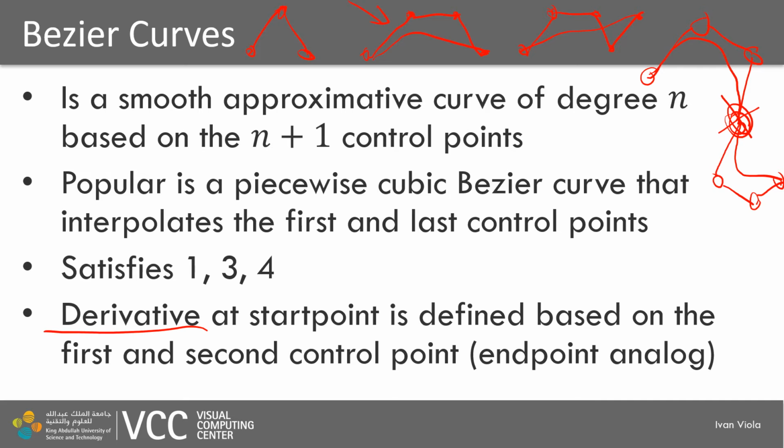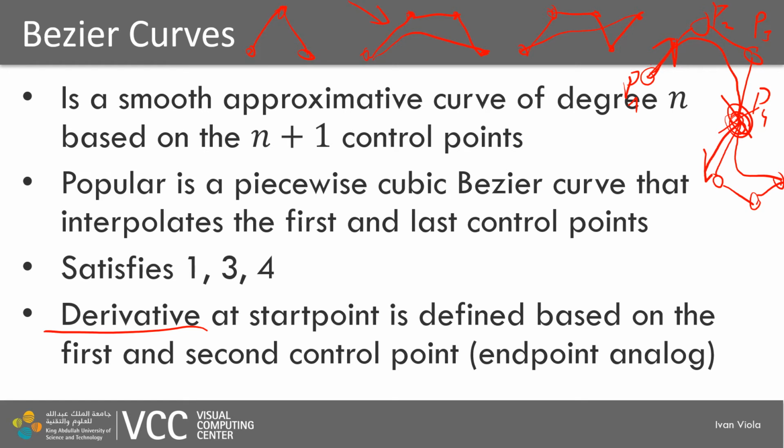The derivative at the starting position is defined by the vector between the first, let's call it P1, and P2 control points, while the derivative at the second endpoint is defined by the vector between P3 and P4.